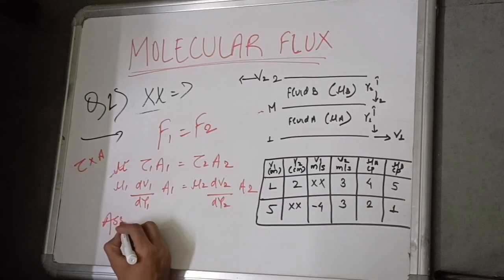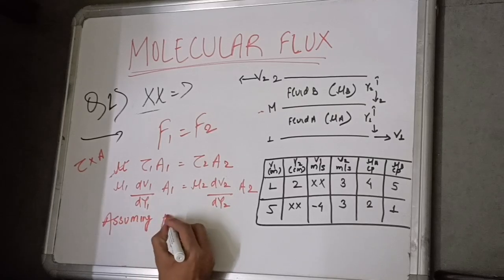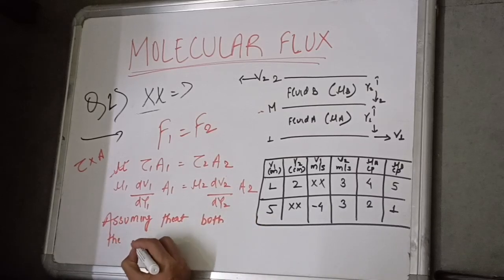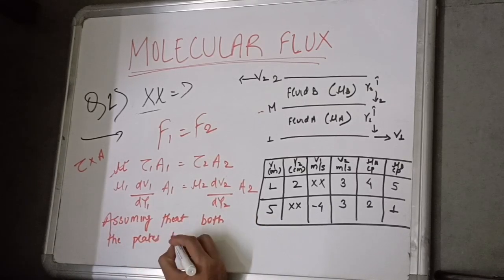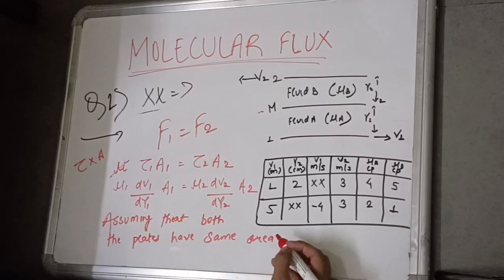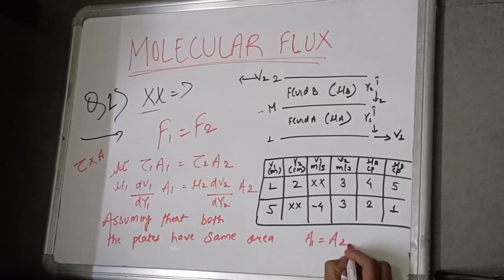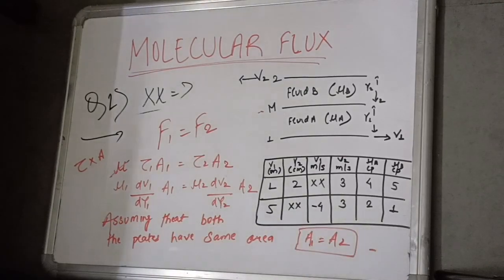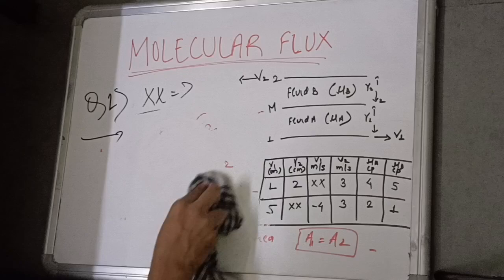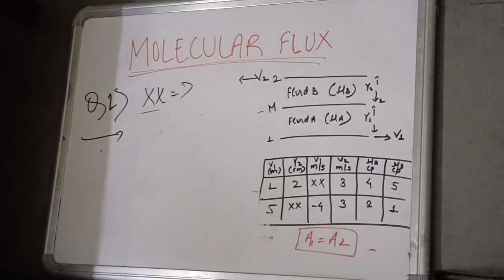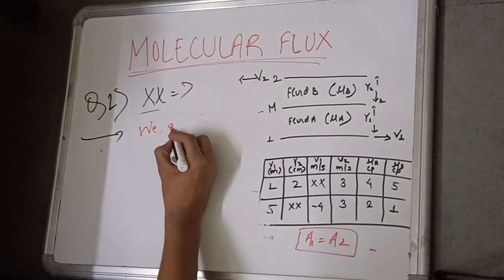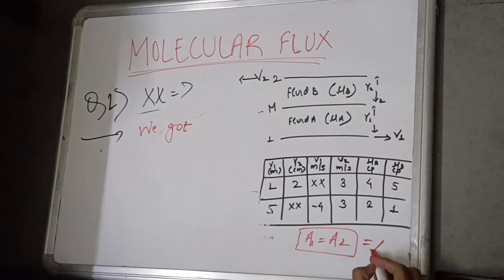We are assuming that both the plates have the same area, meaning A1 is equal to A2.